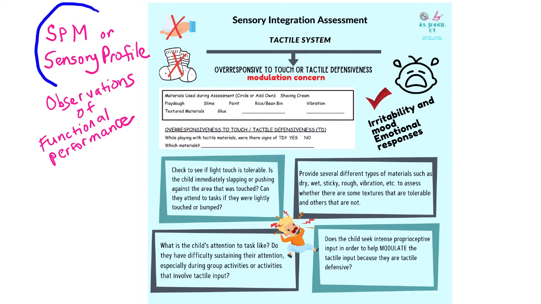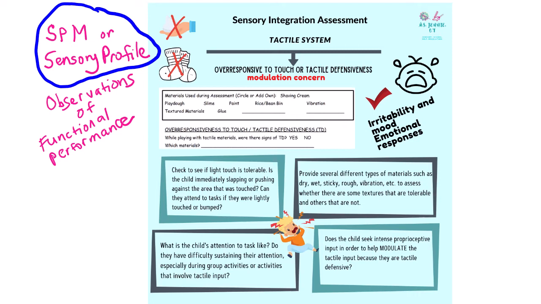This is super important to give to teachers and to the parent so that you do have an idea of what they're seeing in the classroom as well as at home, because that gives you a lot of information, especially about over-responsiveness or under-responsiveness to a sensory system, in this case touch. So that's always the first thing that I try to do before I even grab the kiddo.